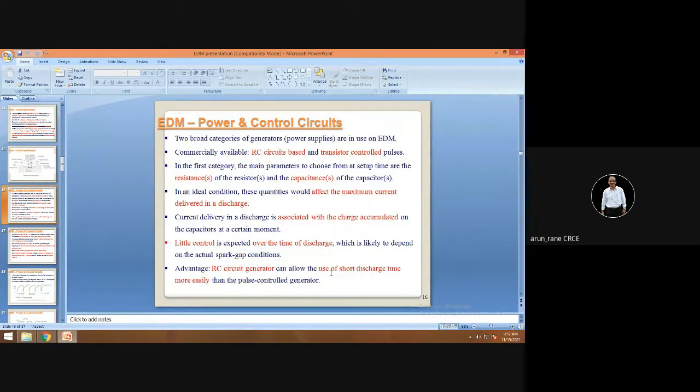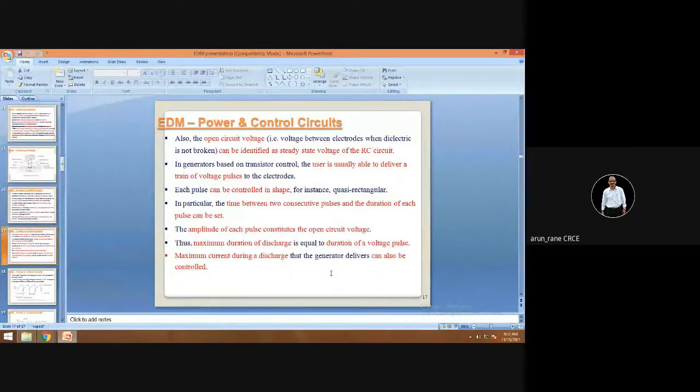Or you can have combinations. So resistance and capacitance, that is called RC, or LC, that is inductive capacitive, or you can have RLC. The RC circuit is most common in EDM.